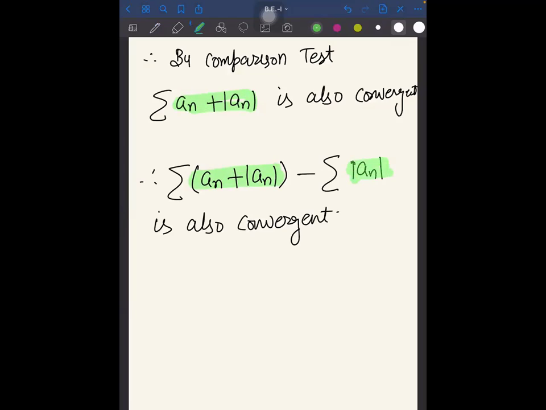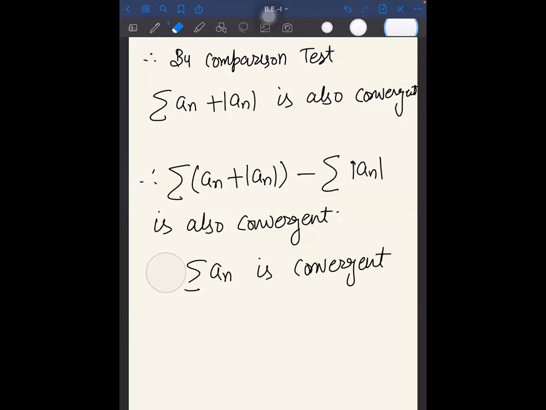This is given, right? That this is convergent. So the difference of these two will of course be convergent. So now what is the difference? You'll cancel mod an and therefore it is convergent. Right? समझ आया?